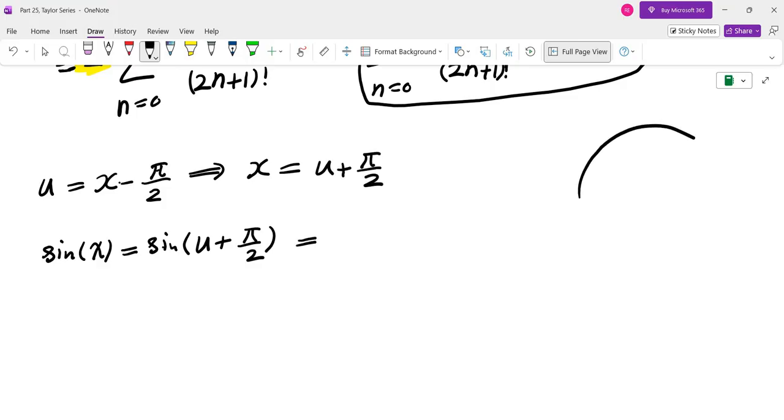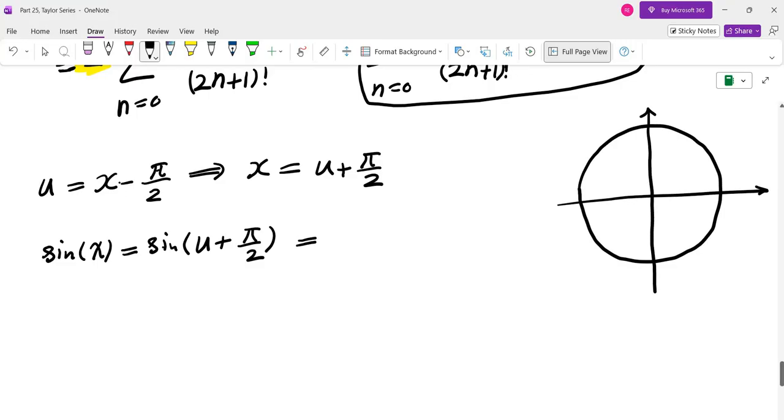Now, from the unit circle, we can relate sine of u plus pi over 2 with cosine this time. If this is u, this would be u plus pi over 2. Sine of this is a positive number, and it's the same as cosine of u.